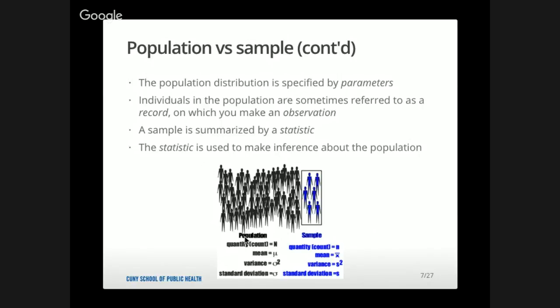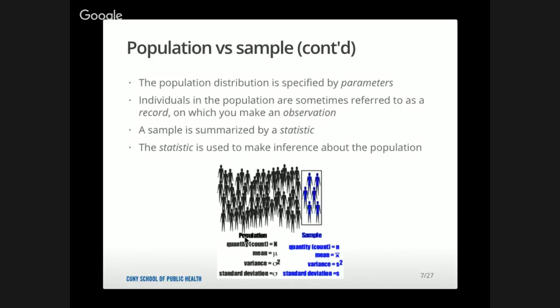This graphic here summarizes the way we use consistent notation to help keep those separated, because it can be confusing if you just say number, or you say mean or variance. It's not clear whether you're talking about the parameter or the statistic. So we tend to use capital N for a population, lowercase n for a sample.